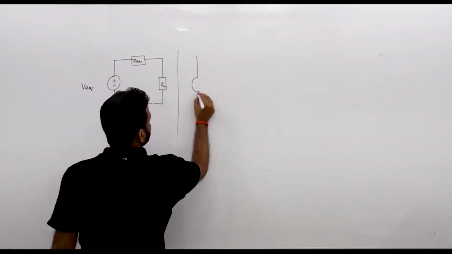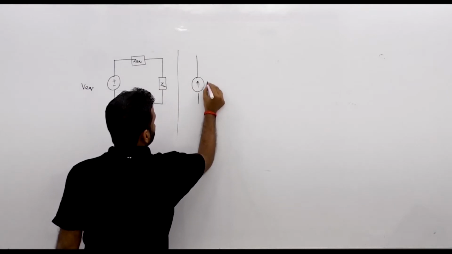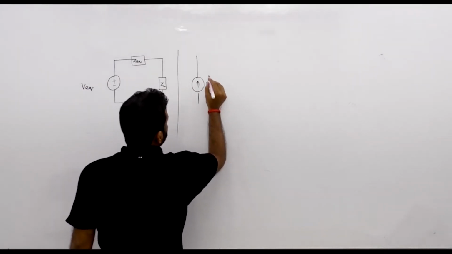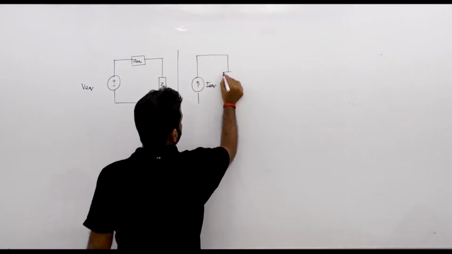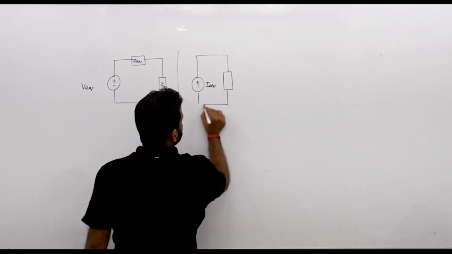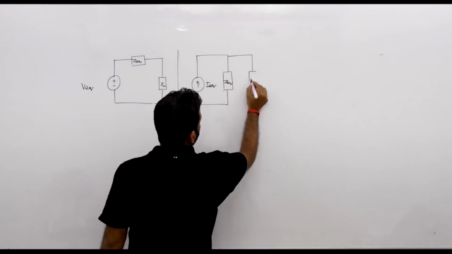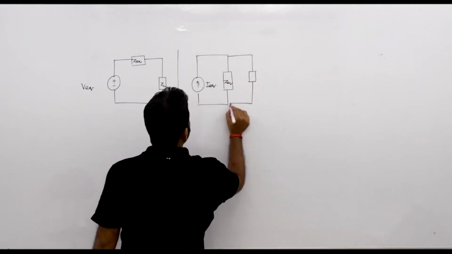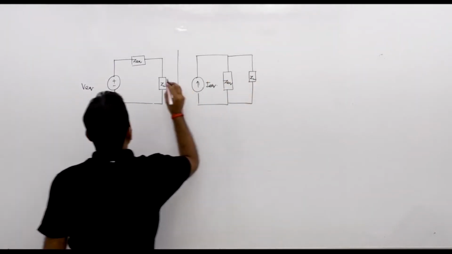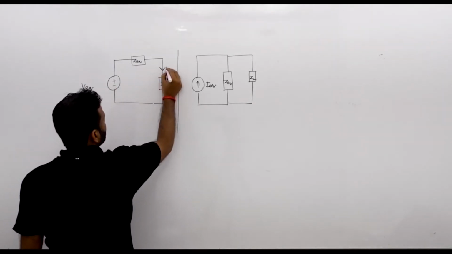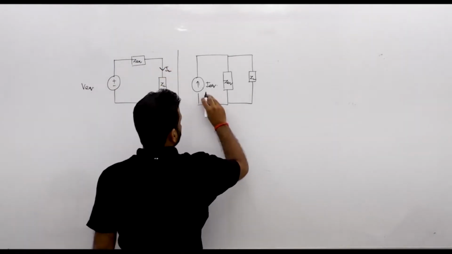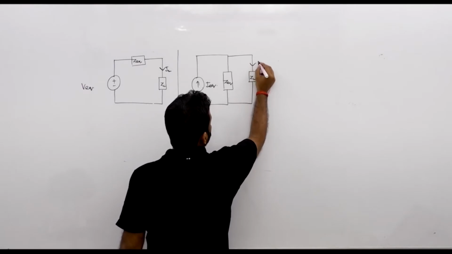This is I equivalent. Similarly, we have parallel connected impedance, Z equivalent. Then we will have the load. So this is your V equivalent, Z equivalent. This is IL. Similarly, I equivalent, Z equivalent, ZL and IL.